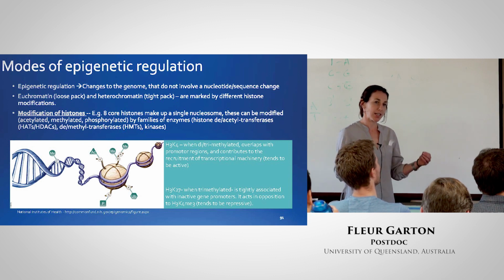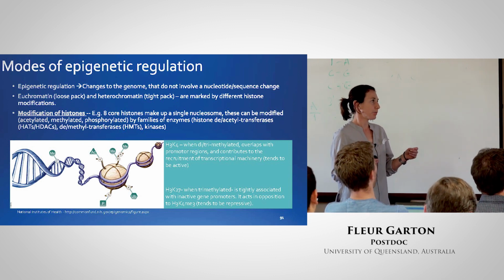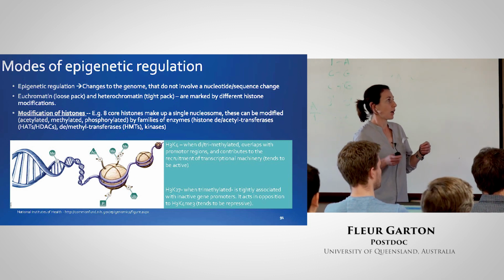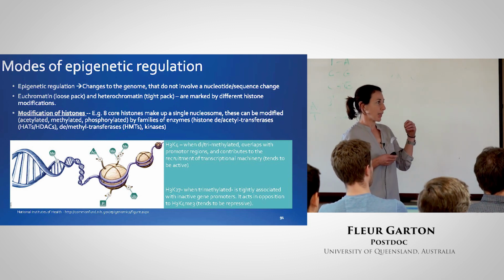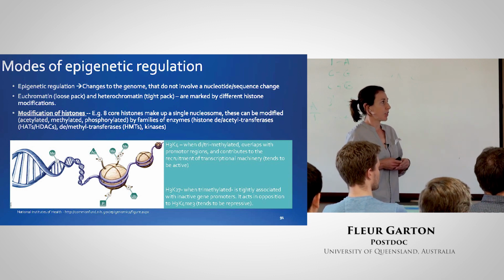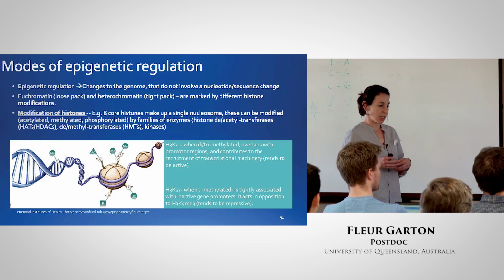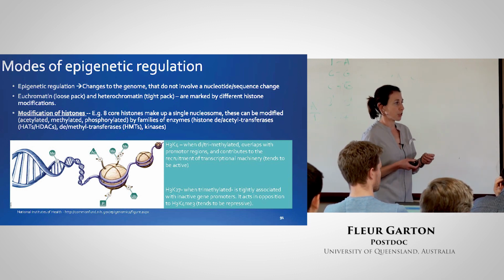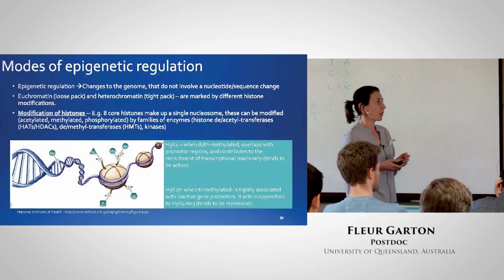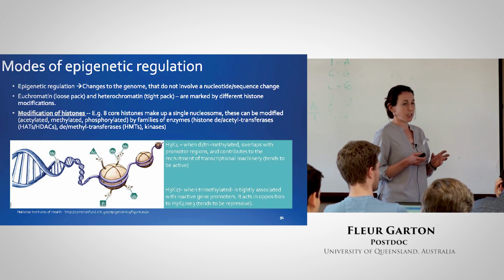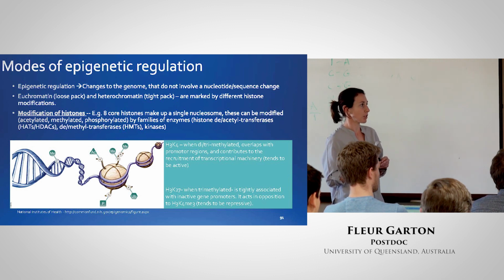So you're not changing the DNA bases, but you might be adding a histone modification or methylating the outer part of the DNA. This can change the way the DNA is structured. Euchromatin refers to loosely packed DNA and heterochromatin refers to tightly packed DNA, and these are marked by different histone modifications.